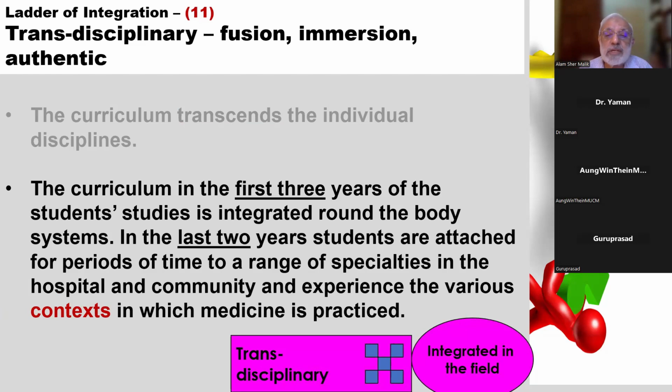And in the last 2 years, students are attached for periods of time to a range of specialties in hospital and community and experience the various contexts in which medicine is practiced. So let's say in the last 2 years, students don't have these postings of medicine, surgery, or pediatrics, but they learn based on the themes.